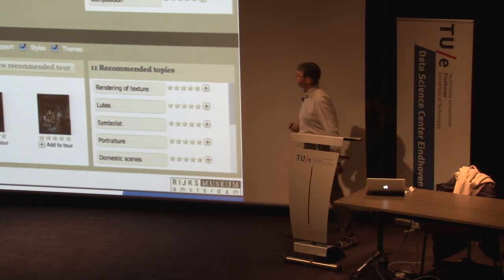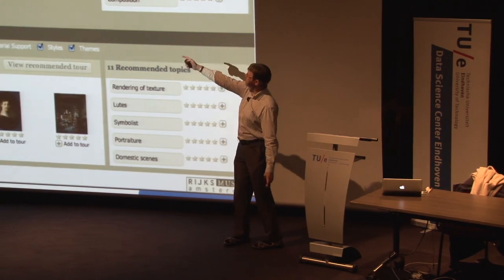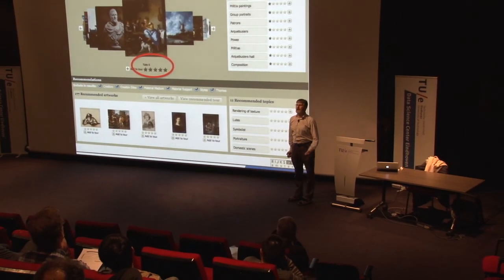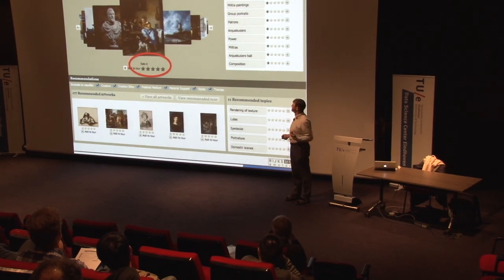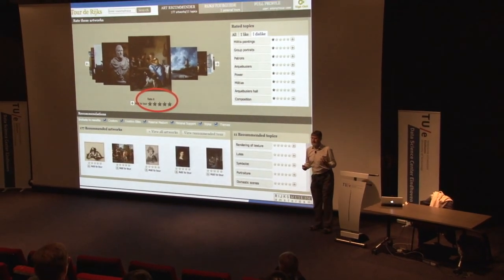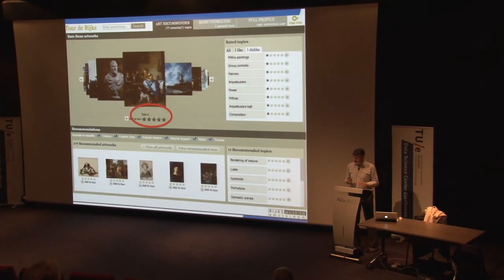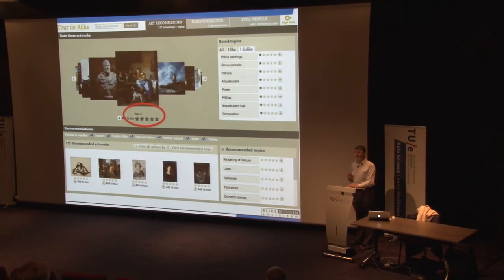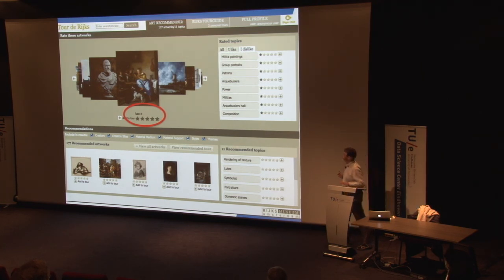as what we had with a different interface before. The first thing you do is you are presented with this carousel of very different artworks, and you rate the artworks. You say, oh, I like this painting, or I don't like this painting. And then the system will deduce what it actually is that you like. So when you like this painting, you may like the type of technology used.